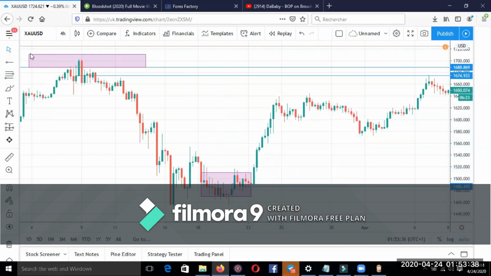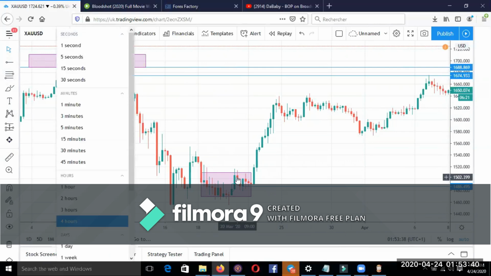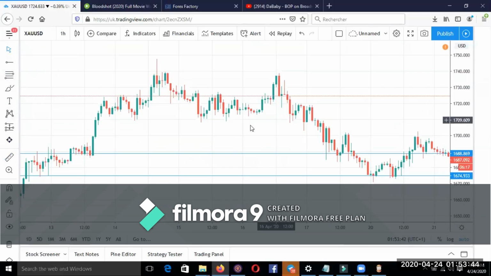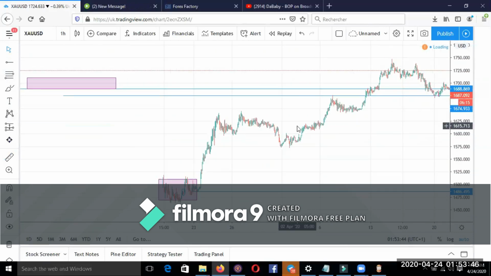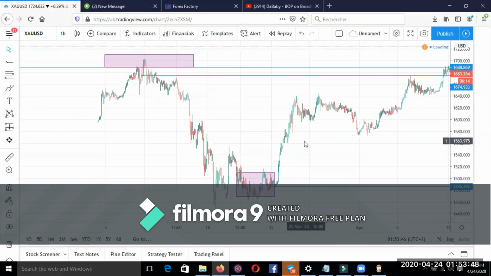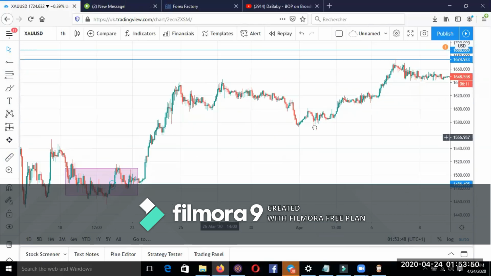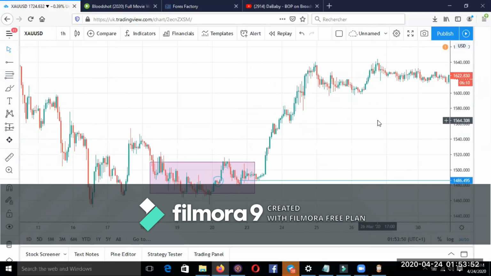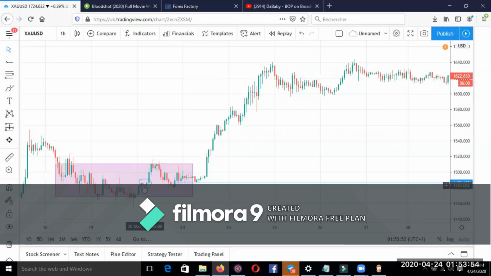If you go now to the lower time frame, let's say 1 hour, you saw this order block. Since you are looking for bullishness, you see that the market came back up and respected this order block.